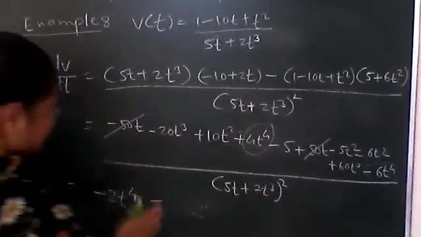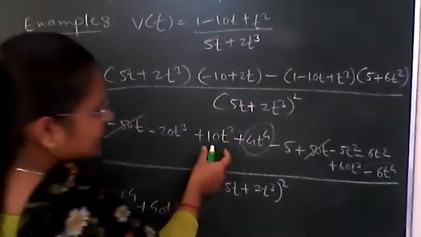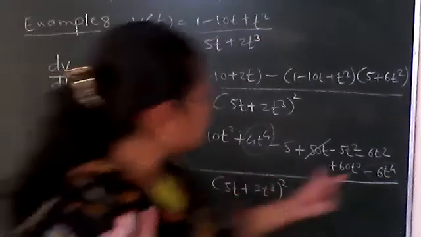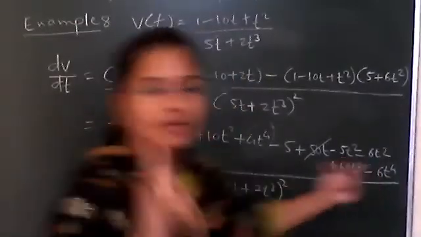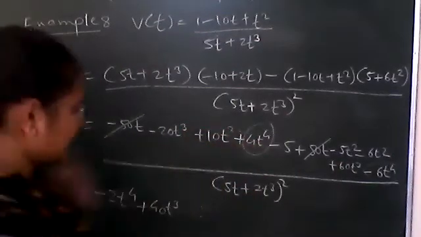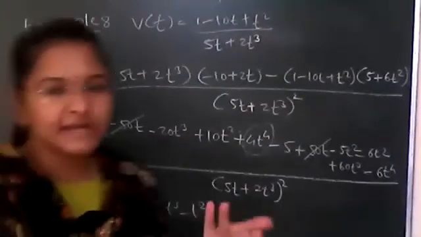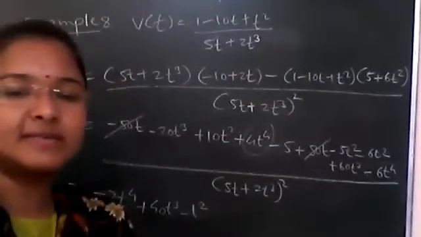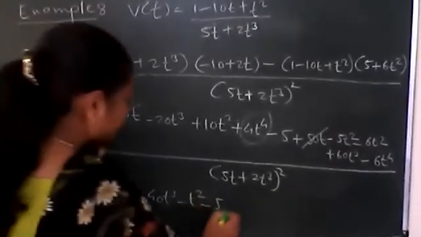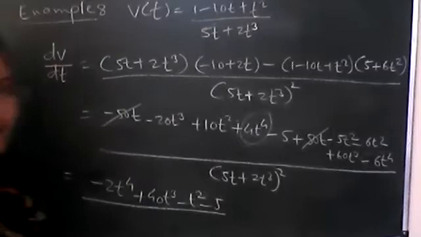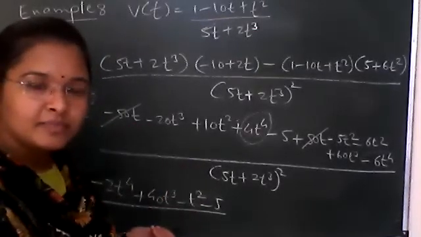Then plus 10t square minus 1t square... minus 11t square, and 10 minus... minus t square, minus 5 will be there. Whole thing divided by. Any doubt, boys? Is it correct now? Yes, ma'am. Proceed.